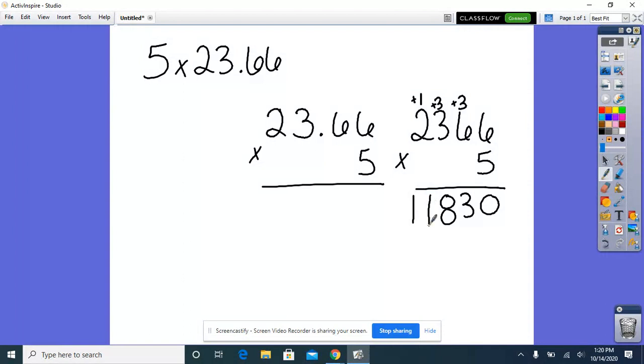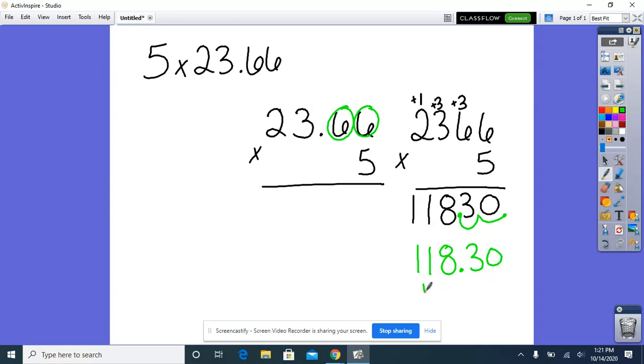So I got 11,830. We have to put our decimal back in, so I need to count how many digits I have to the right of this decimal. I've got 1 and 2. So my decimal is here. I'm going to bring it in. 1 and 2. Rewrite it down here. 118.30.